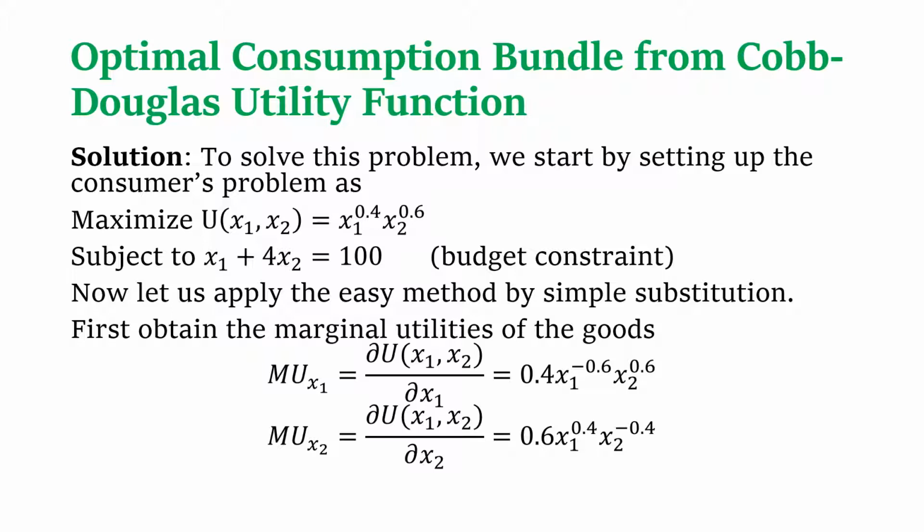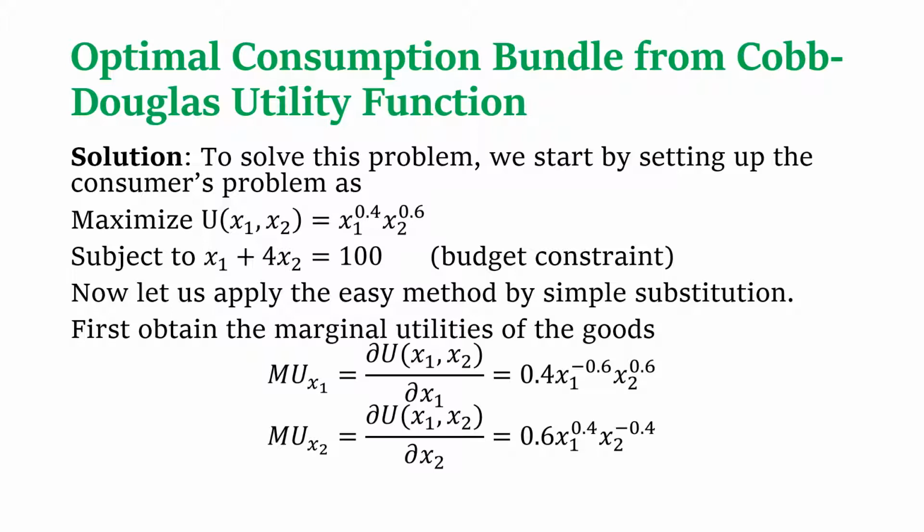Now, let us first of all find the marginal utilities. Why do we need the marginal utilities? We need the marginal utilities because we want to find the marginal utility per dollar spent on each good. According to the equimarginal principle, the consumer is in equilibrium if the marginal utility per dollar spent on each good is equal.